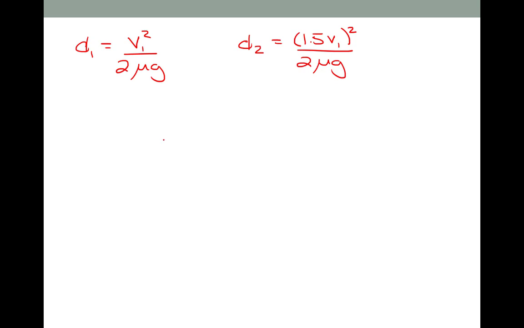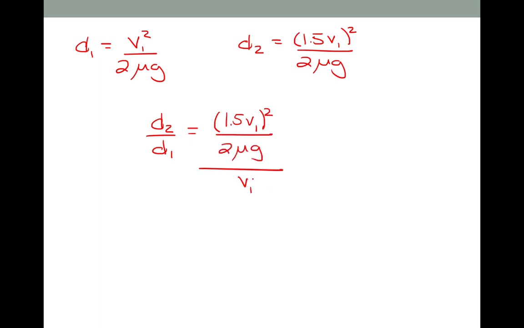And now if I take the ratio of our new braking distance to our original braking distance, d2 over d1, that's 1.5 v1 squared over 2 mu g, divided by v1 squared over 2 mu g.